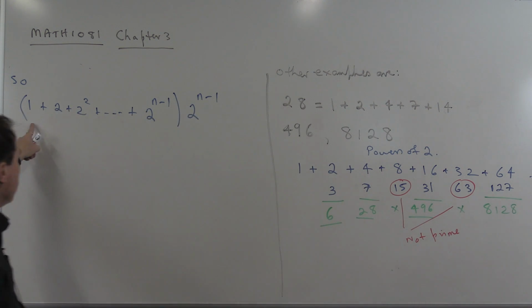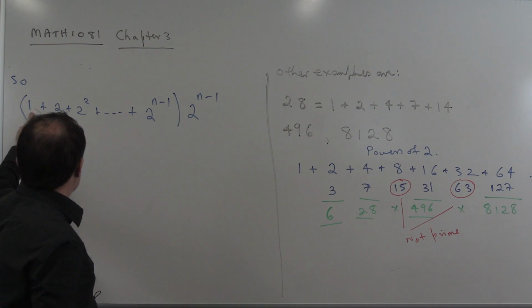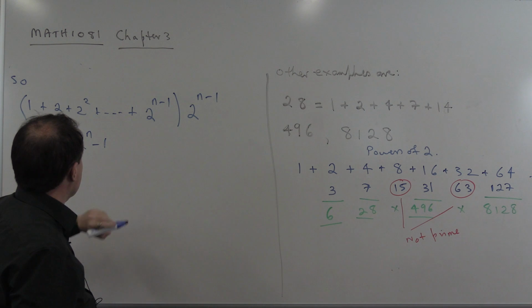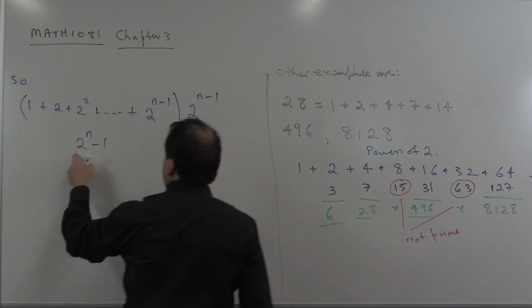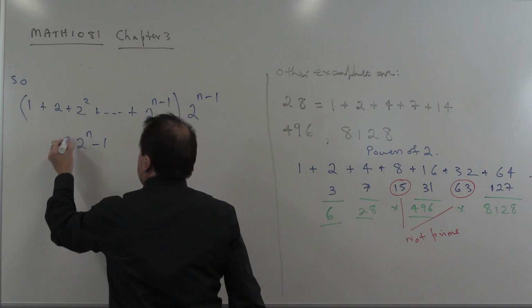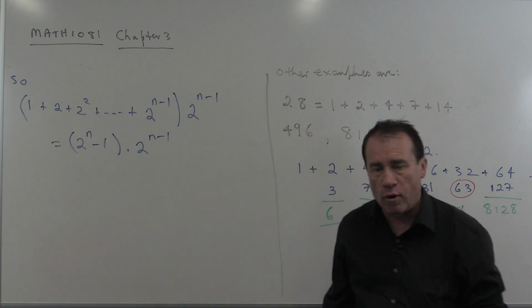So this sum in here represents these numbers along the bottom here. And this is a nice geometric series, and I can sum this. First term is 1, common ratio 2. There are n terms. So this is 2 to the n minus 1 divided by 2 minus 1, which is 1. So I can sum this geometric series, and I get that nice little formula.